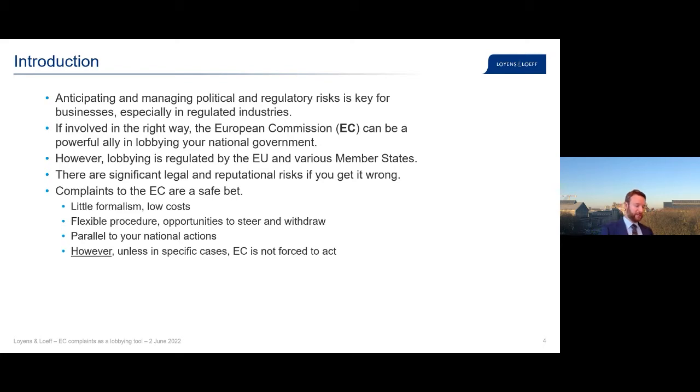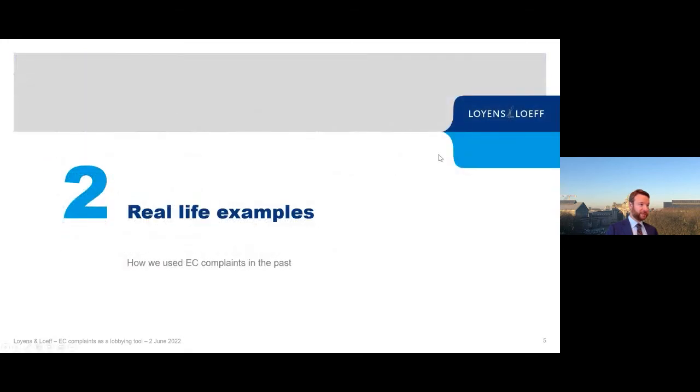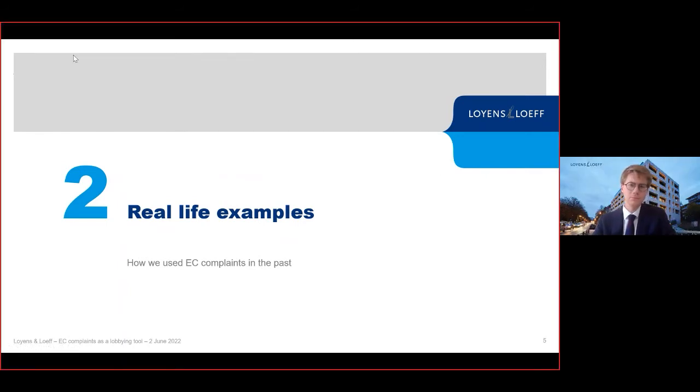And very important, when using this as an instrument, you need to be aware that, except in some specific cases, the European Commission is not forced to act upon a claim. So I will now hand over to my colleague Joren, who will show you a couple of examples where a complaint to the European Commission has been useful in the past.